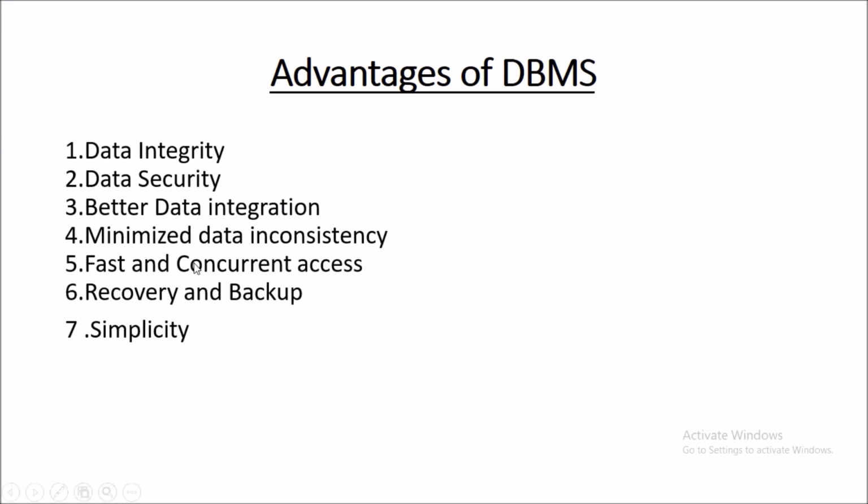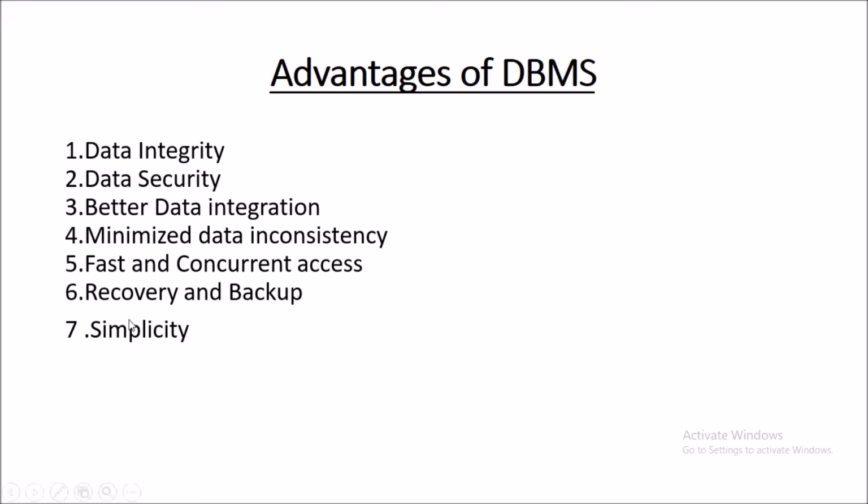The next is minimize data inconsistency. As we know, in the file system, the same data appears in different places. So when any change is made, it is very difficult to maintain data consistency. But in DBMS, data inconsistency is minimized. When any change is made, it is reflected to all the users. Next is fast and concurrent access. The DBMS helps the user get fast answers to queries, and you can access concurrent data.